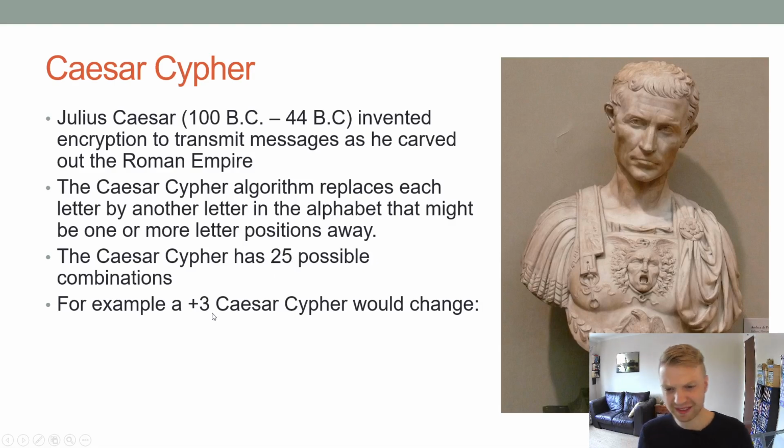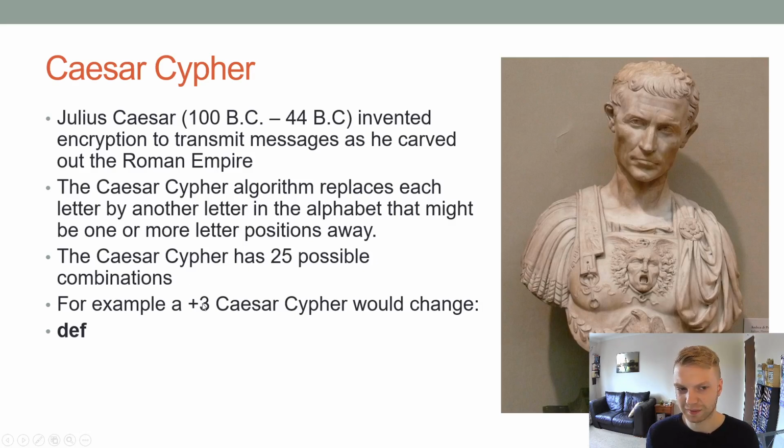So let's say you have a +3 Caesar cipher, and you got this message from someone, DEF. So what Julius Caesar would do is he would get messengers to send kind of army coordination battle plans across places, and he would tell the messenger the key. He would say, right, the key is this, +3. Now, if that messenger made it to whoever he's meant to get to, they would tell the receiver, right, this is the key.